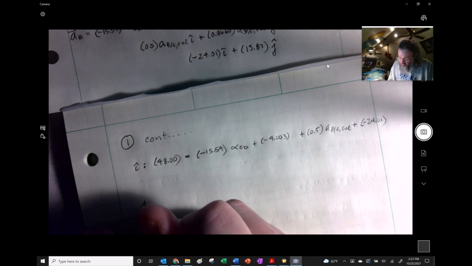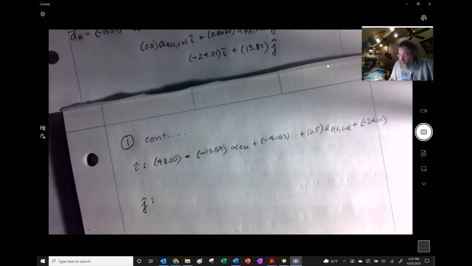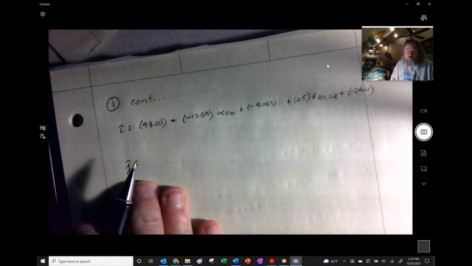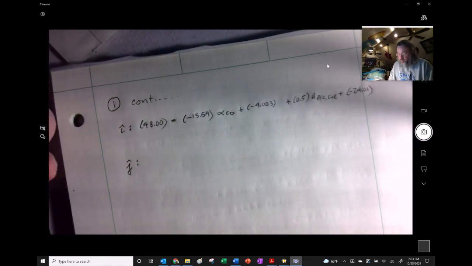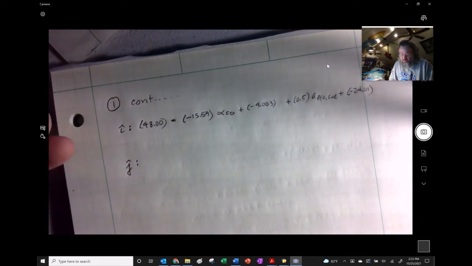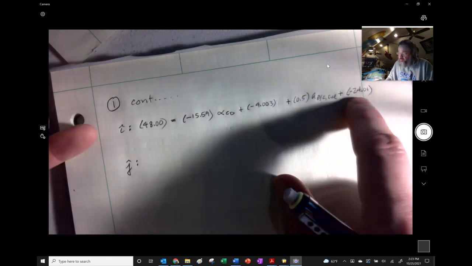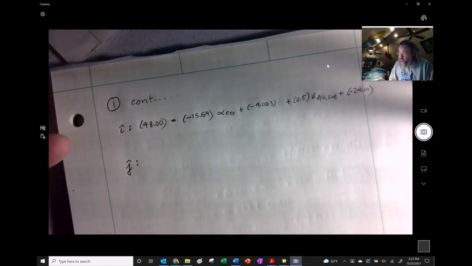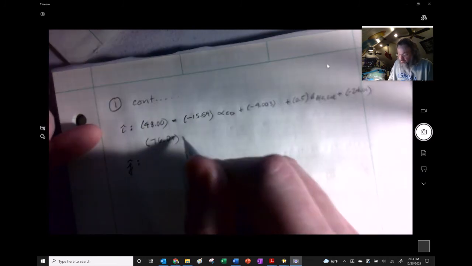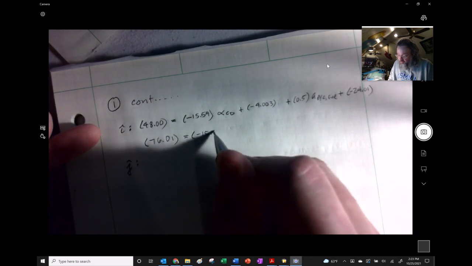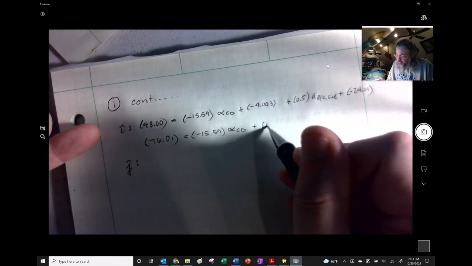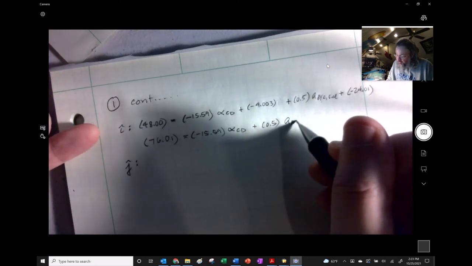And maybe I'll make this a little more succinct so I can get the algebra out of the way, which is just basic math. 48 is going to come over and I'm going to add to it, so 4.003 adds to it, and 24.01 also adds, and so I'm left with 76.01. It's going to be equal to negative 15.59 alpha CD, and then plus 0.5 acceleration of B with respect to C rel.